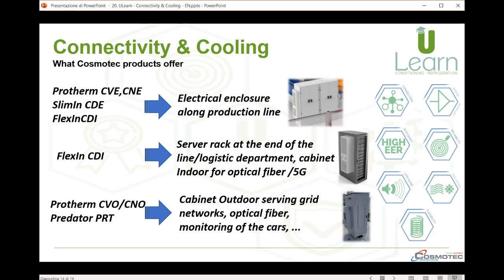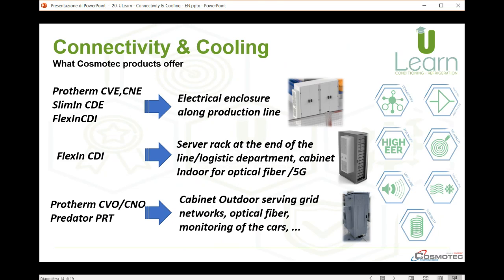Now let's see which range is possible to propose and which is suitable for each application. The ProTherm CV-CNE, Slim-In CDE and Flexin CDI for the thermal management of the enclosure along the production line.